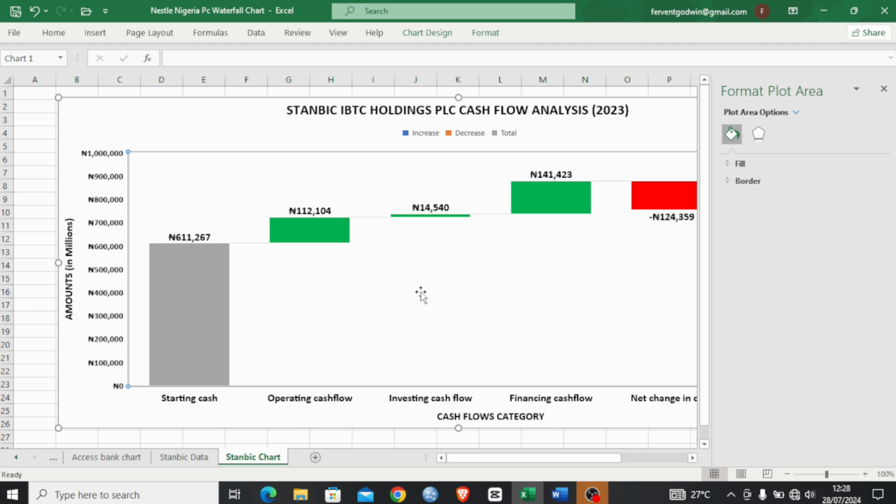So the financing cash flow here, whoops, that was a very big circle. It talks about how they generated the cash that was used for the running of the company.